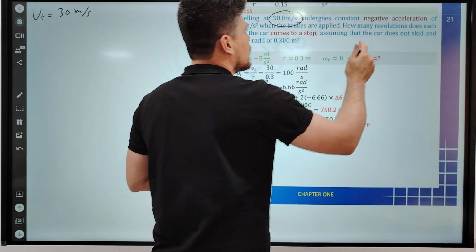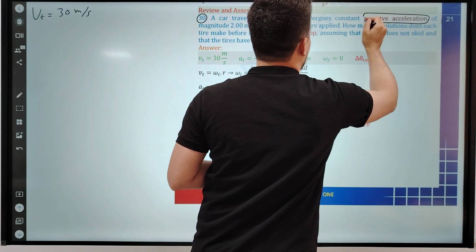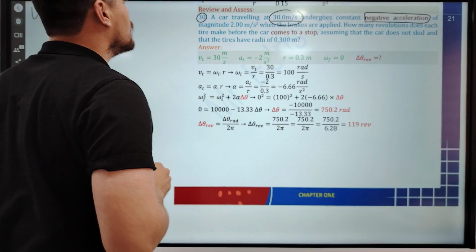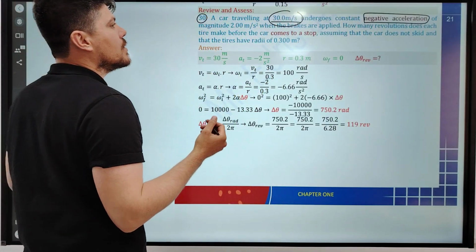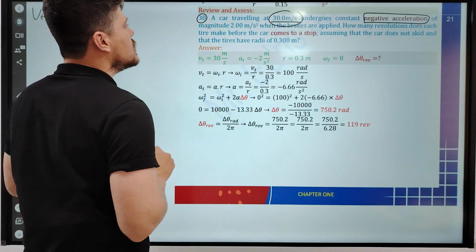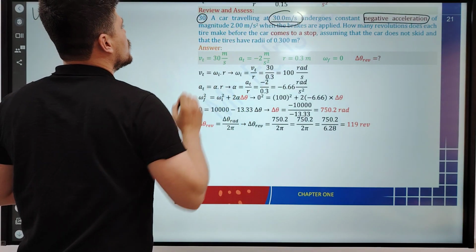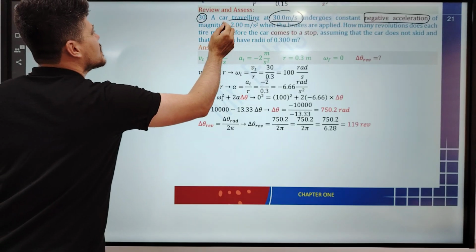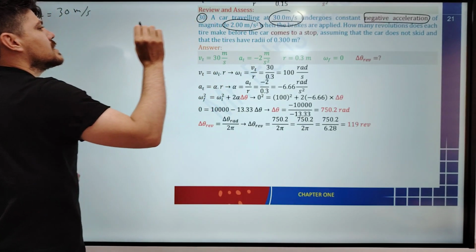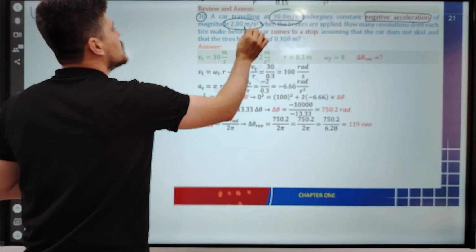Undergoes constant negative acceleration. Negative what? Acceleration. So it means that we have a reduction of the speed, slowing down, okay? Why? Because the acceleration is negative with a magnitude of 2 meters per second squared. What is this? This is tangential acceleration. How did you know this is tangential acceleration? By the units.